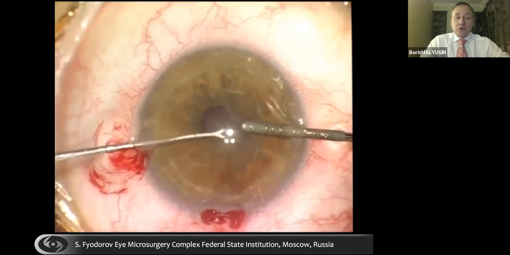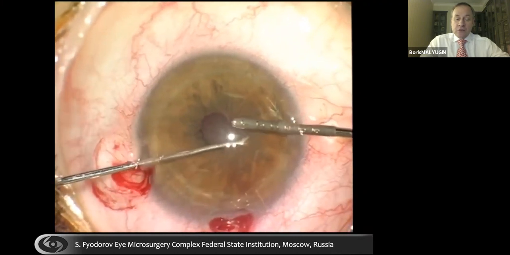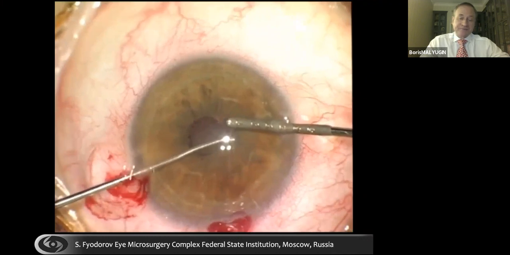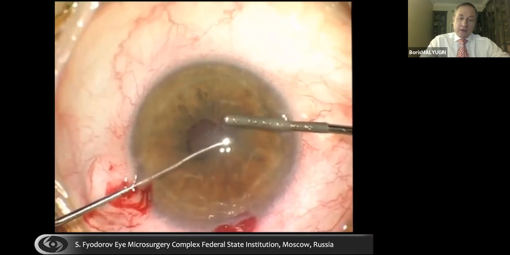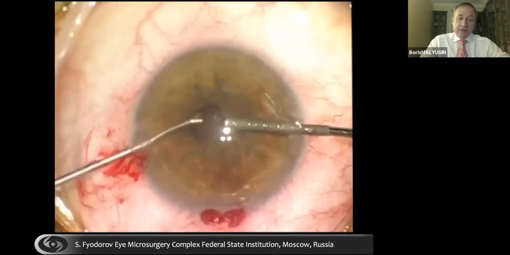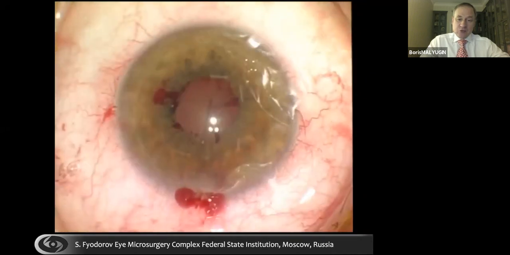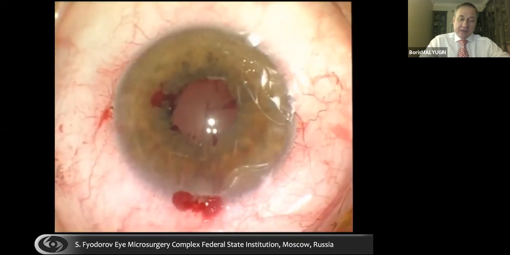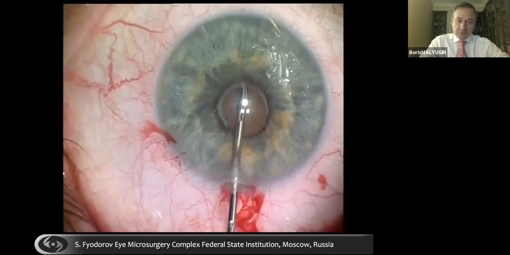Also, this bimanual technique is quite useful, holding the membrane with the right hand and stabilizing the iris with the left hand. I'm helping myself to remove this membrane away from that iris.